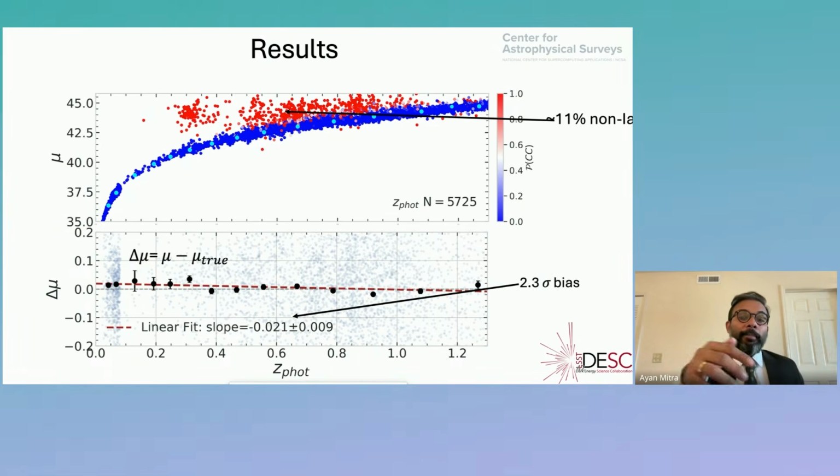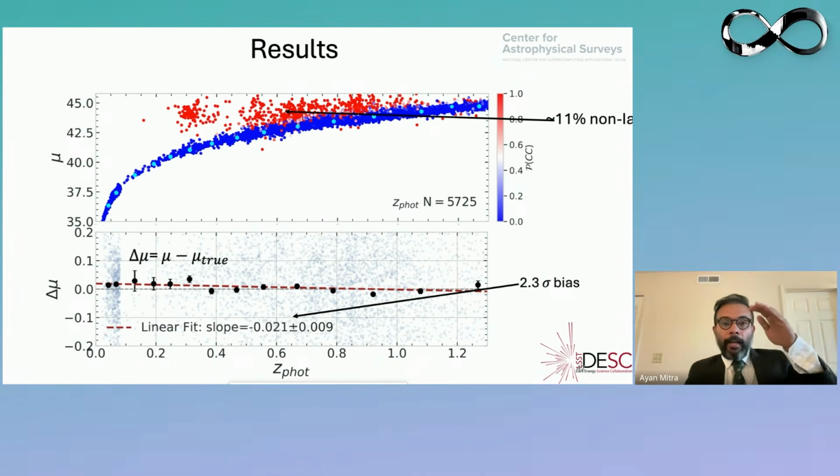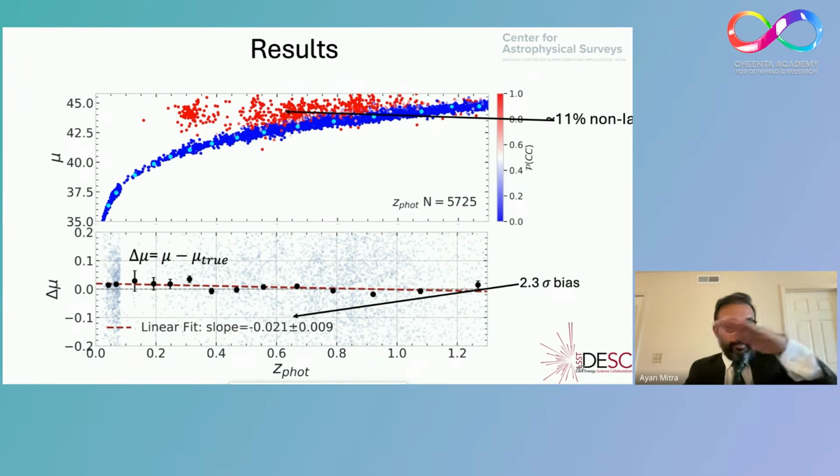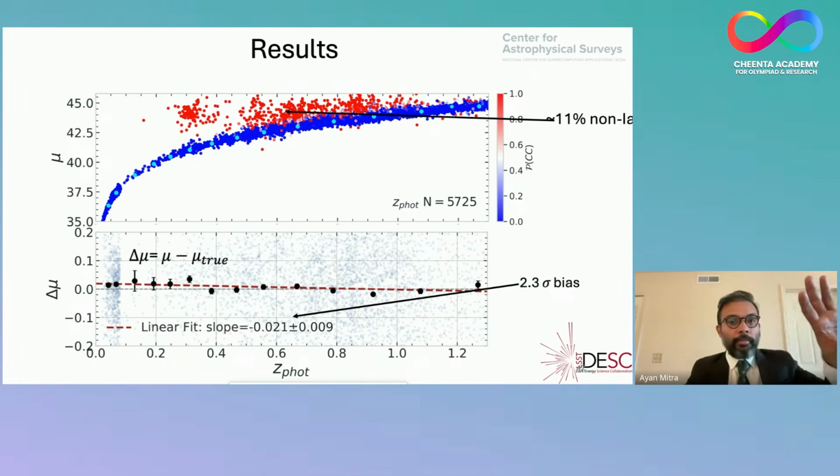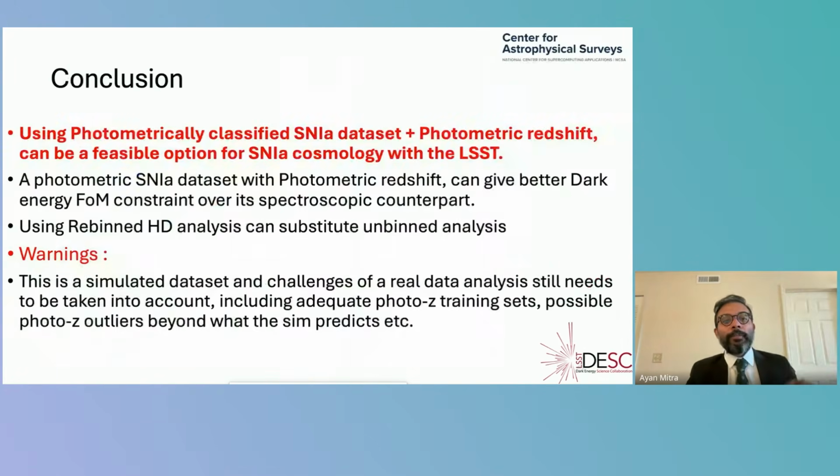But the beauty is that the classifier, which gives you a probability of an object being 1a or non-1a, properly flags them out. Hence, you see those red ones systematically distributed at a place where it is very easy to see that they are not 1as, because they lie at a unique position, and you can figure out there's a pattern to it.